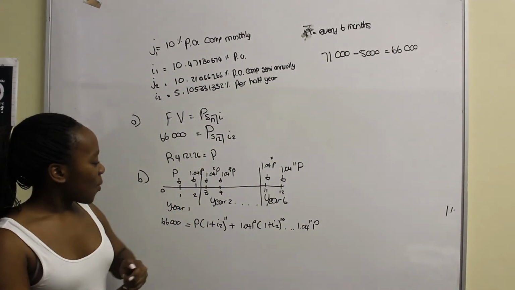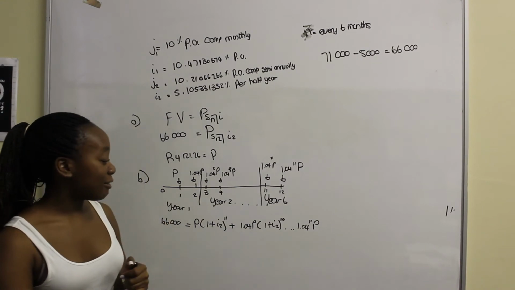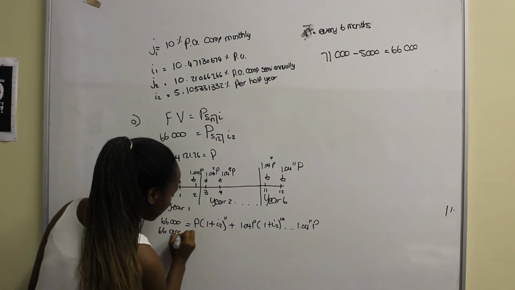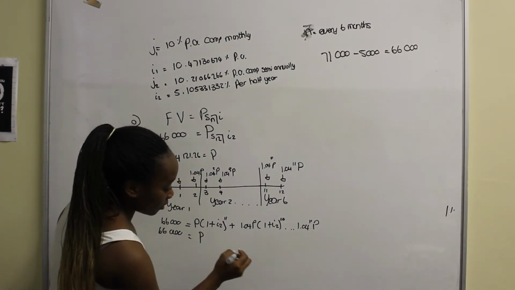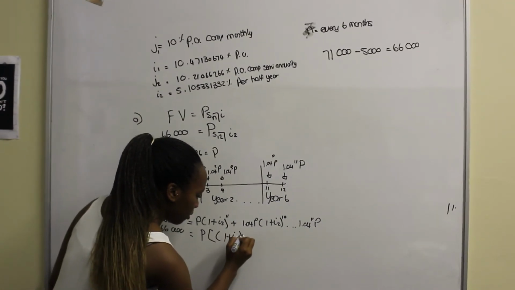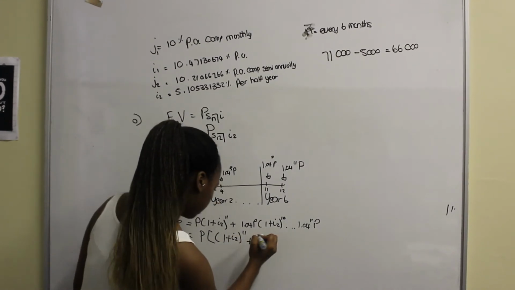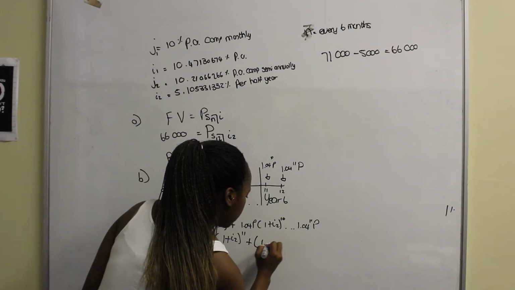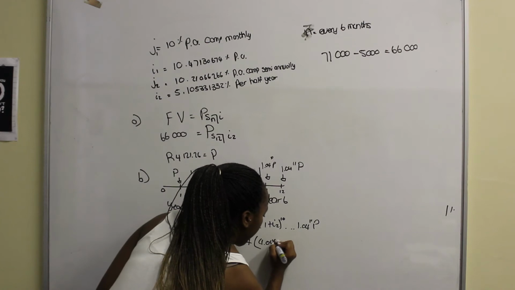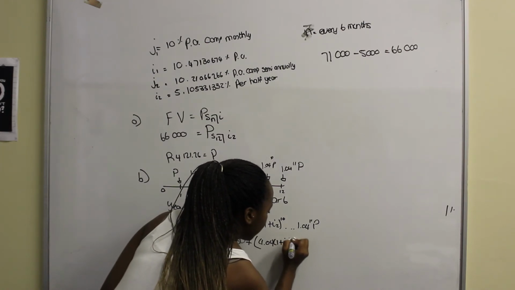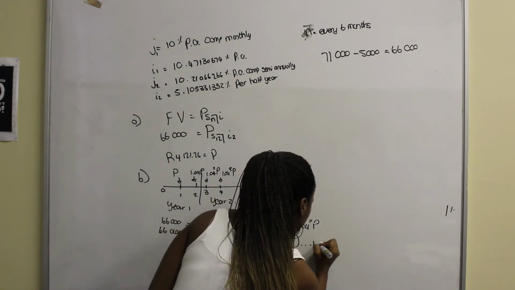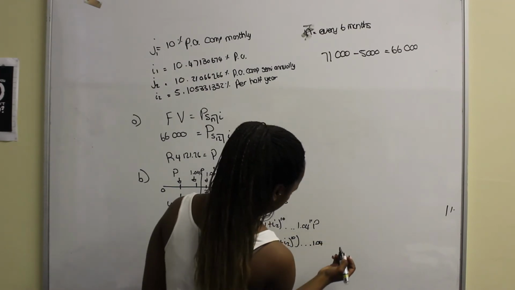Like Tina told us in class, when we have this, we first have to factorize, taking out our common factor. We're left with (1 + i2) to the power 11, plus 1.04(1 + i2) to the power 10, and so on.